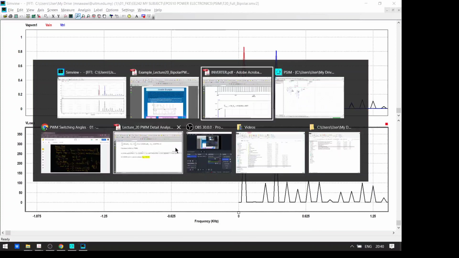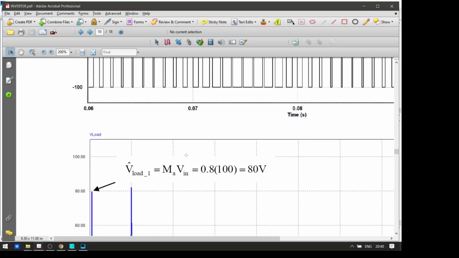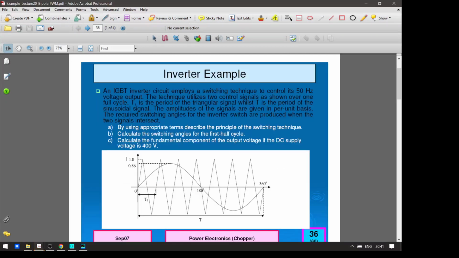So this equation goes to 0.86 multiplied by 400, and that will give you the fundamental component. But the question asks you to actually solve it by using the Fourier series. By using the Fourier series, then you can get the fundamental component. Okay, so let's continue.